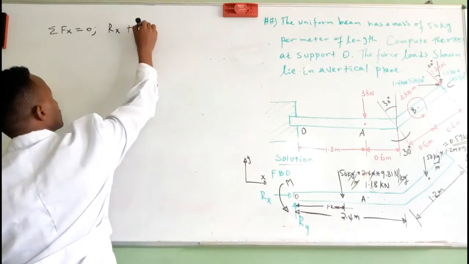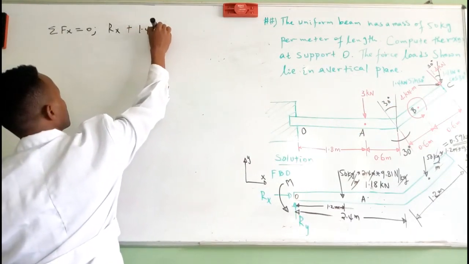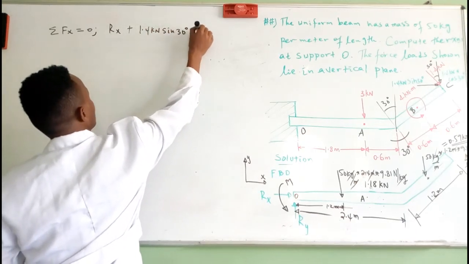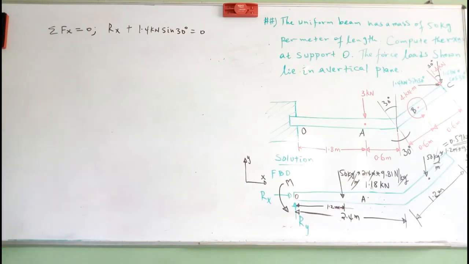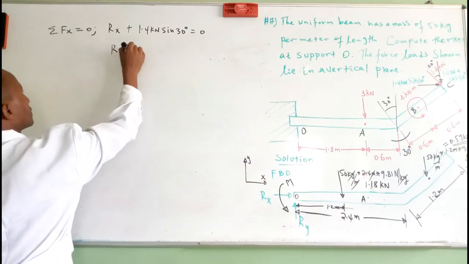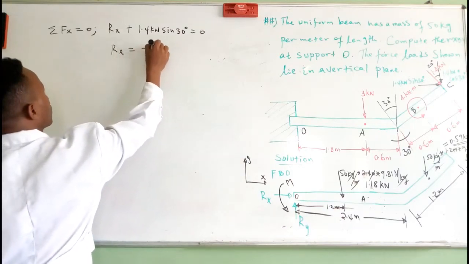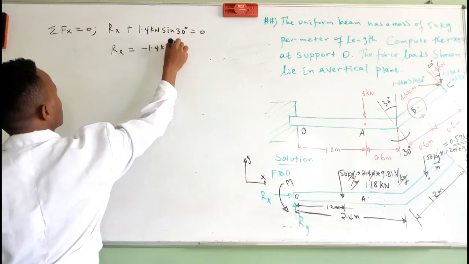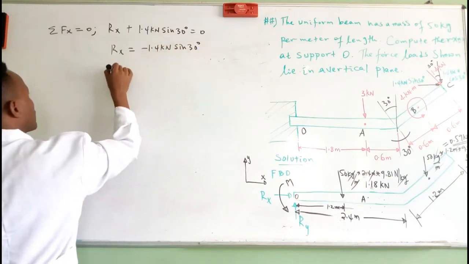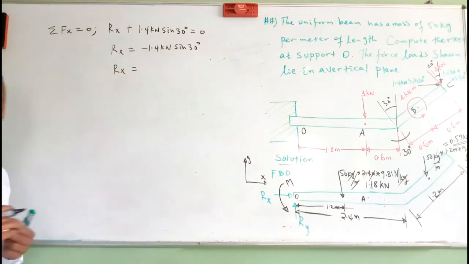So Rx plus 1.4 kilonewton sin 30 degrees equals 0. You can solve from this equation: Rx is equal to minus 1.4 kilonewton sin 30 degrees. Rx becomes how much?